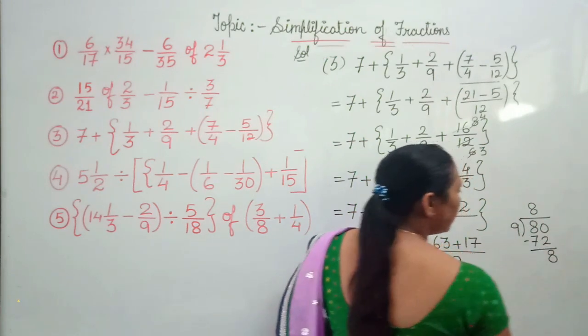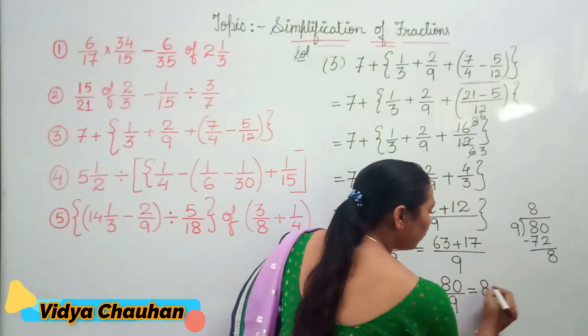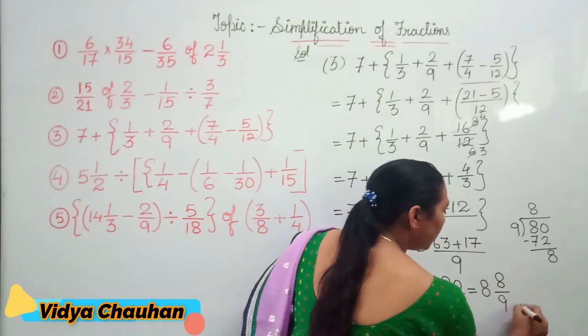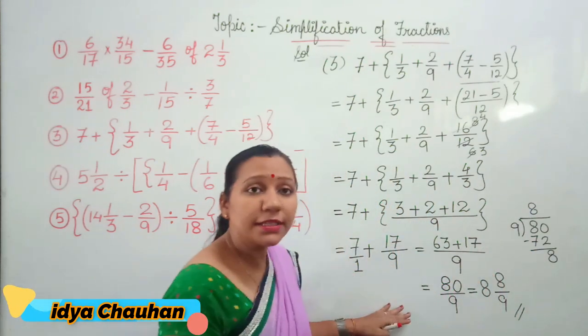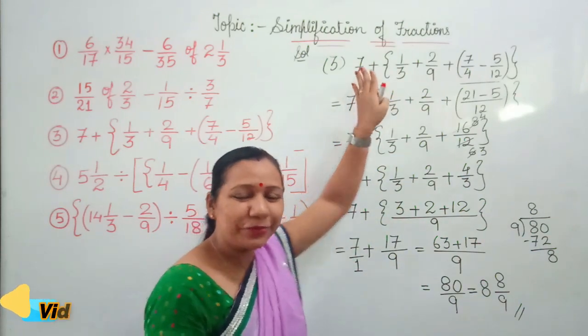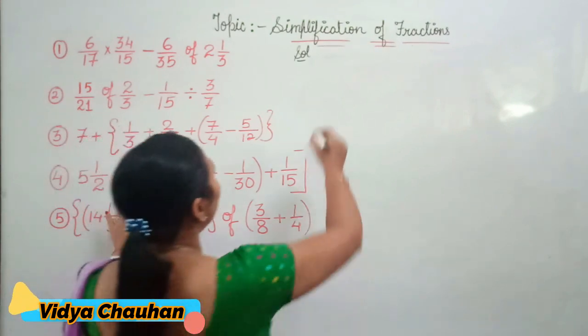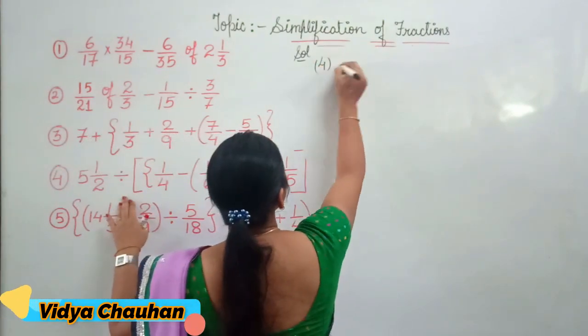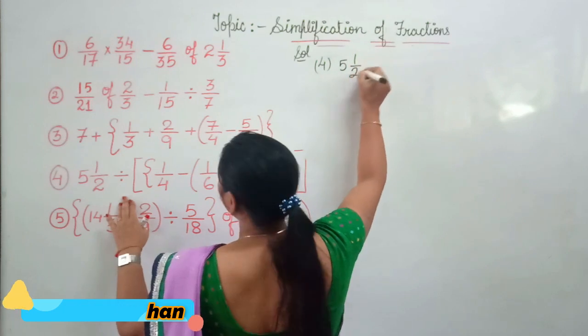Subtracting here you will get 8. So it is 8 whole 8 upon 9, which is your final answer for this simplification problem. Clear, children?